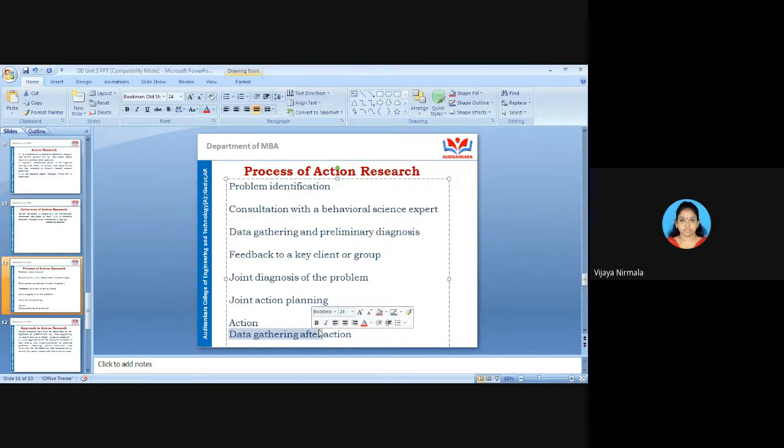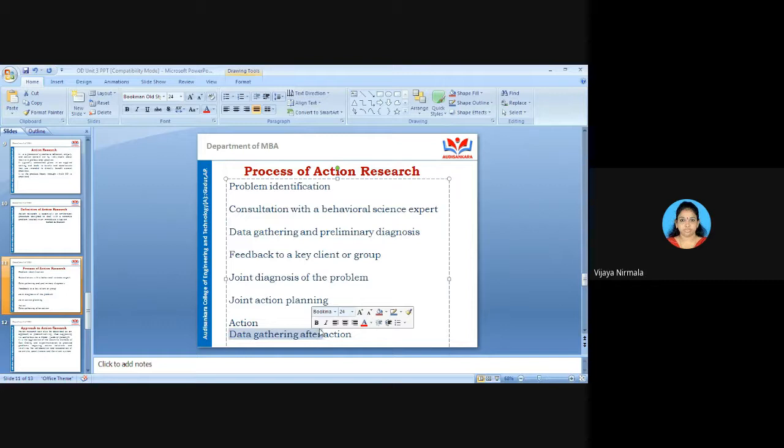Why? Because after the action, the data needs to be gathered to measure the effect of the action and to feed the results back to the organization.